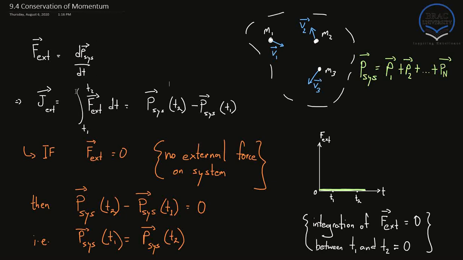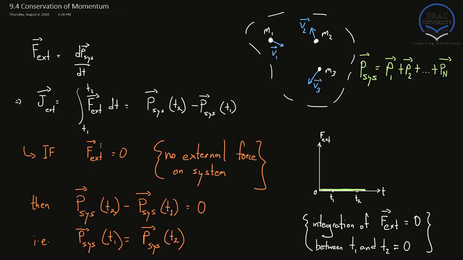We can now ask the question, what if the net external force acting on the system is 0? Of course, in one dimension, you would have the graph of the magnitude of F external looking like this. So the graph is 0. Obviously, if you integrate 0 between the time intervals t1 and t2, of course you'll get 0, right?